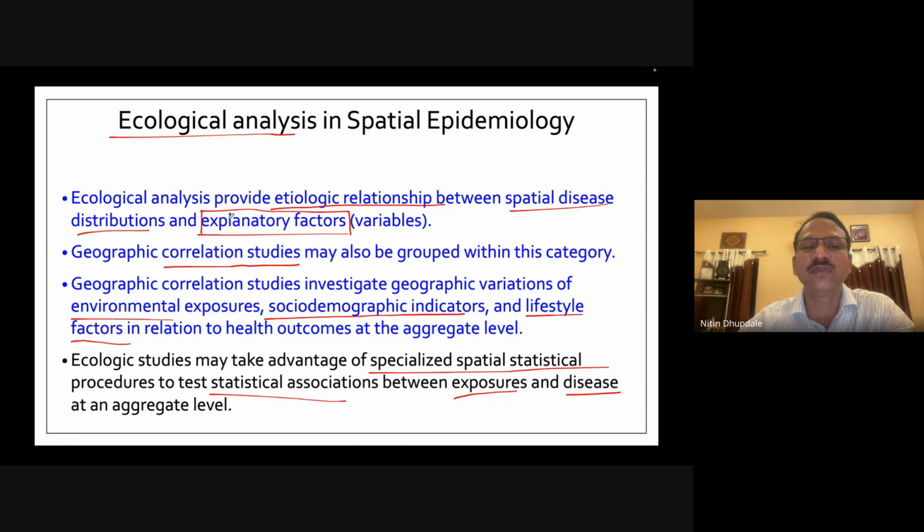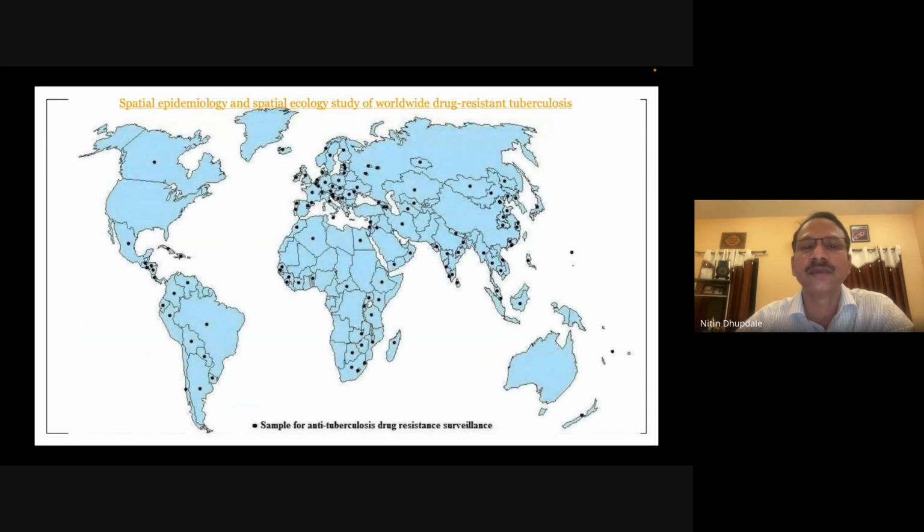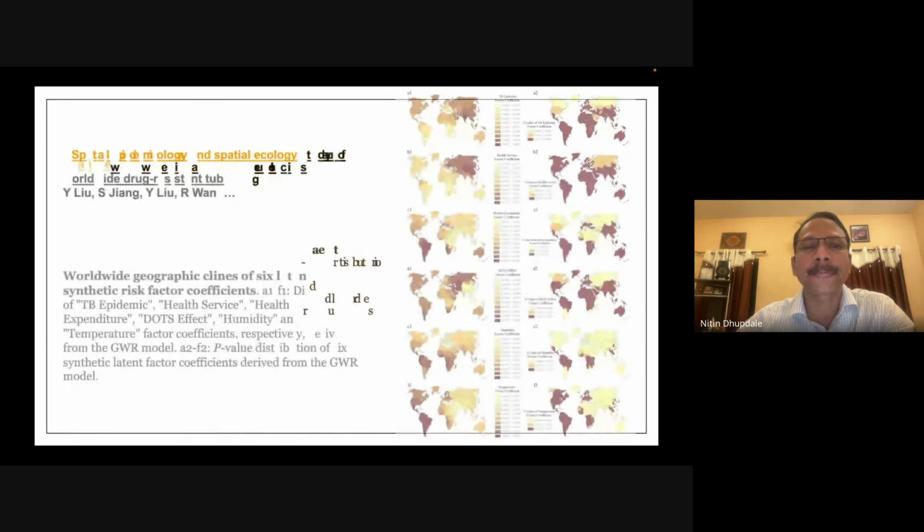It tries to find the association between the disease distribution and the explanatory factors, or the risk factors or ecological factors. This is a study where the various dots are the places where they did sampling for drug resistant tuberculosis.